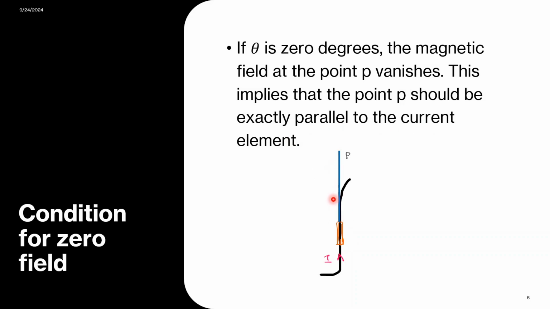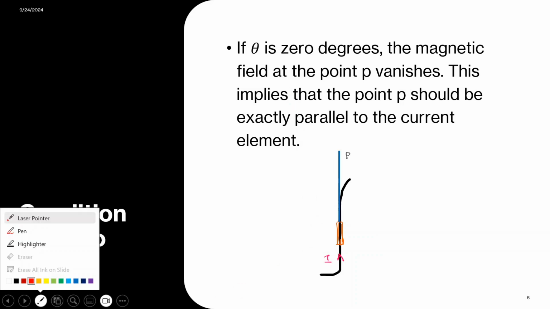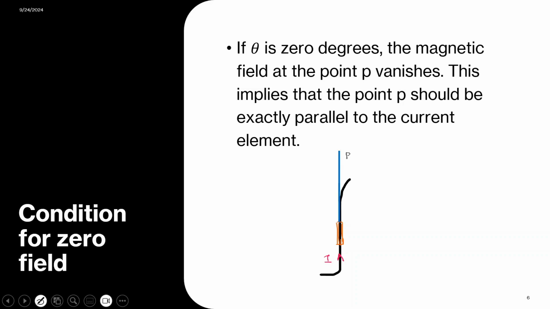Suppose the line connecting the current element and the point P is parallel to the current element dl, then the value of dB equal to 0. In this case, the value of magnetic field at the point P due to the current element is 0.